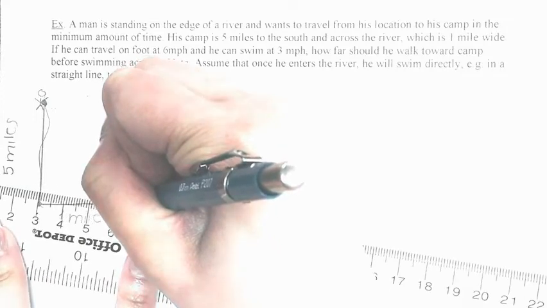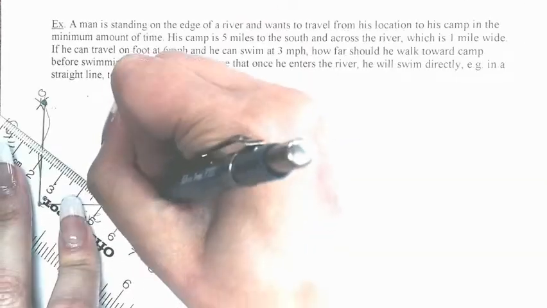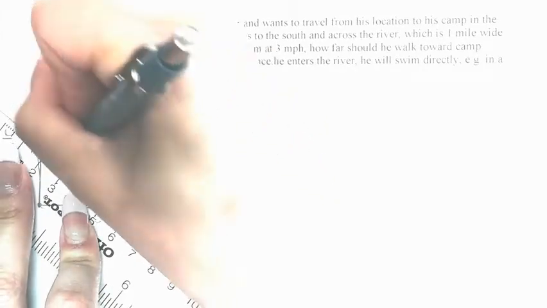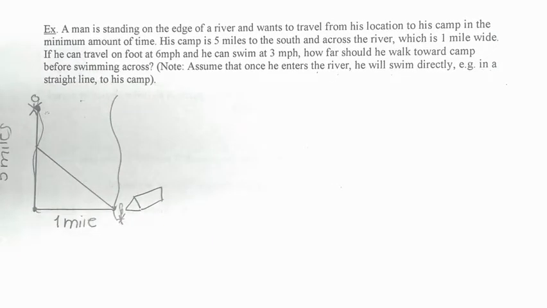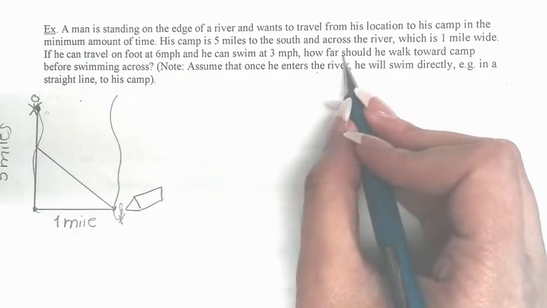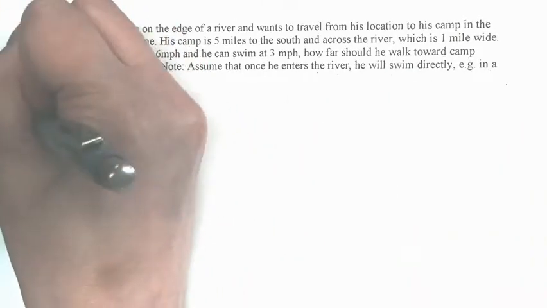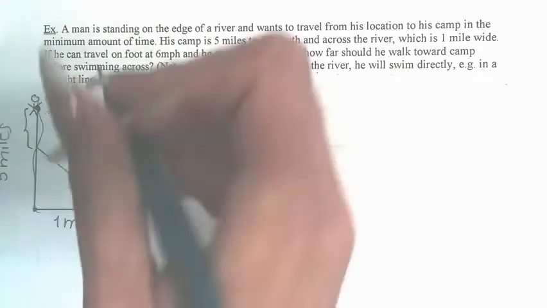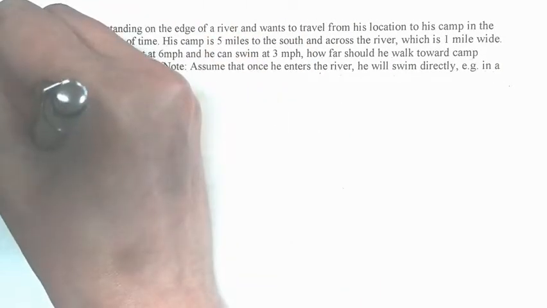For the practicality of the situation, I'm just going to draw it somewhere in between, so we can do a good rough sketch. So what are they asking? They are telling you, how far should he walk towards the camp? So pretty much they are asking you about this section, because that's the section that he's walking.